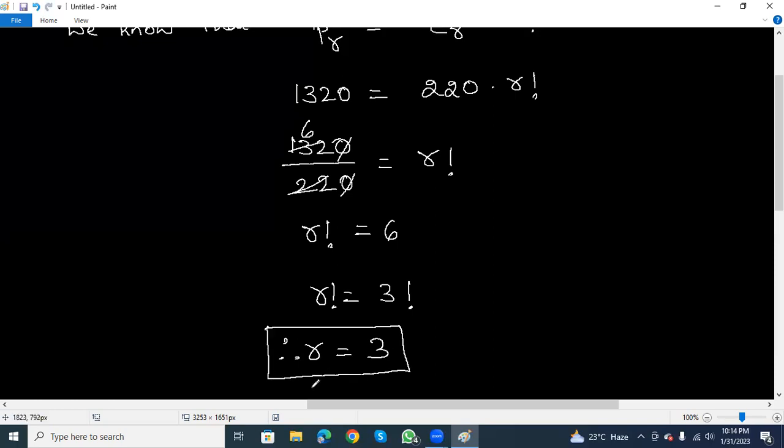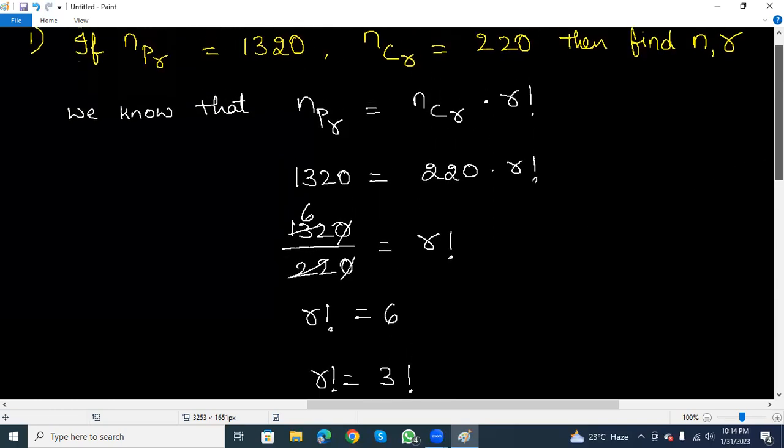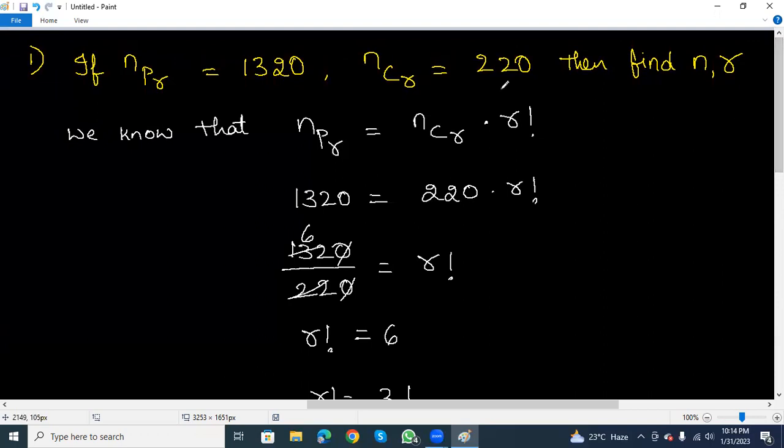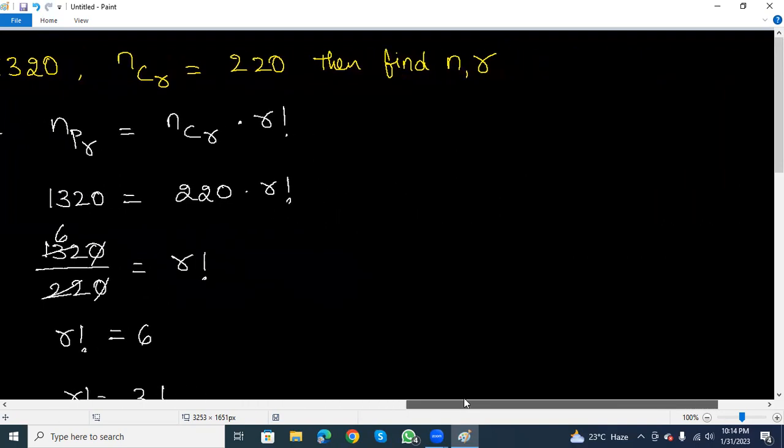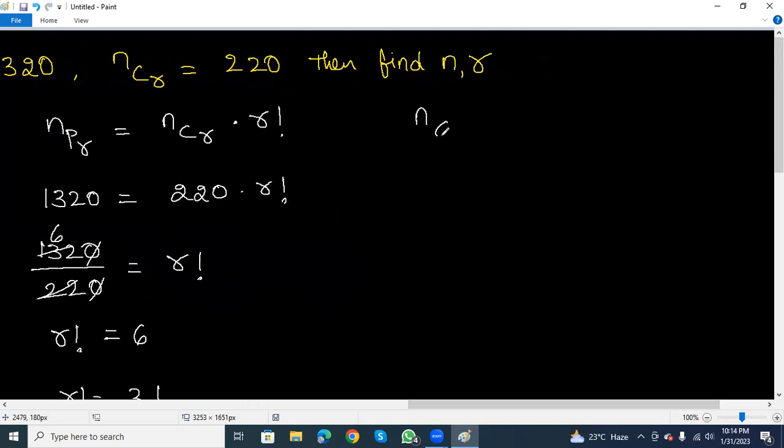So we got r. Now our job is to find n also. In these two numbers, this 220 is smaller, so we will take nCr. nCr is equal to 220 given, and we found r as 3.